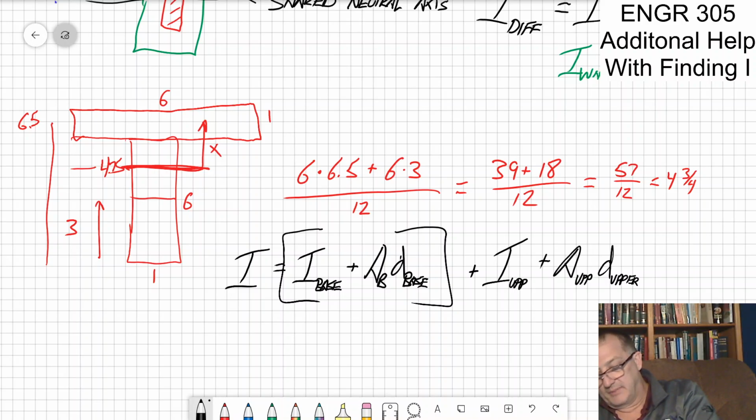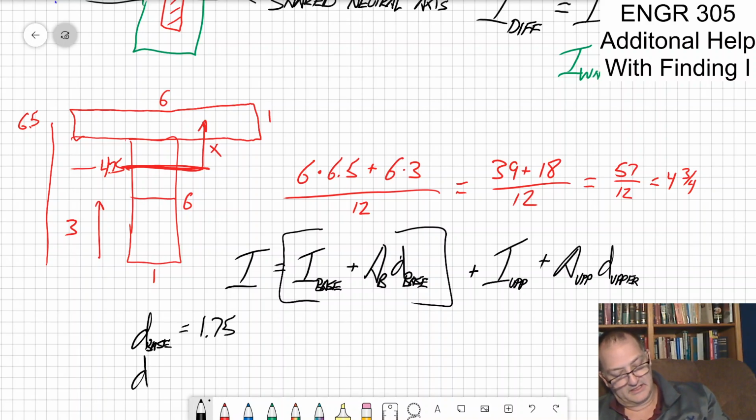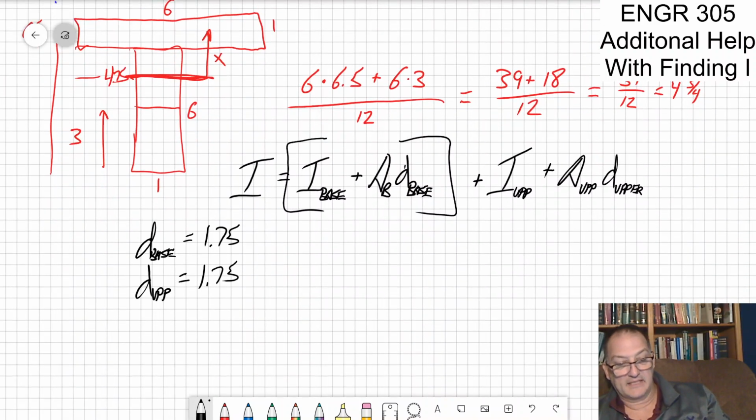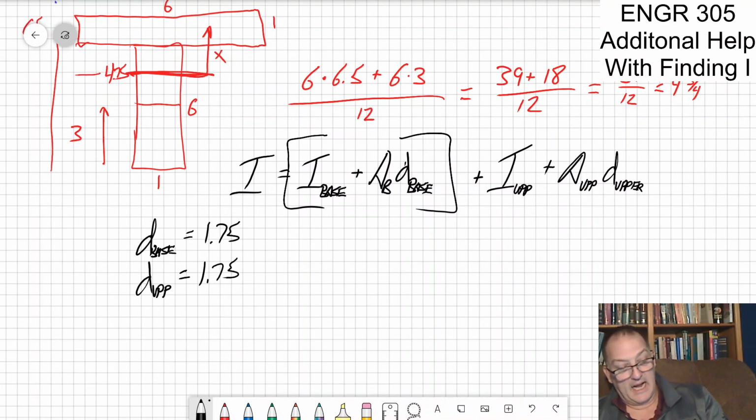Because my areas were the same, D for the base, the distance the base has to shift, is equal to 1.75, and the distance the upper has to shift is equal to 1.75. So that's fairly straightforward. I is equal to I for the base.